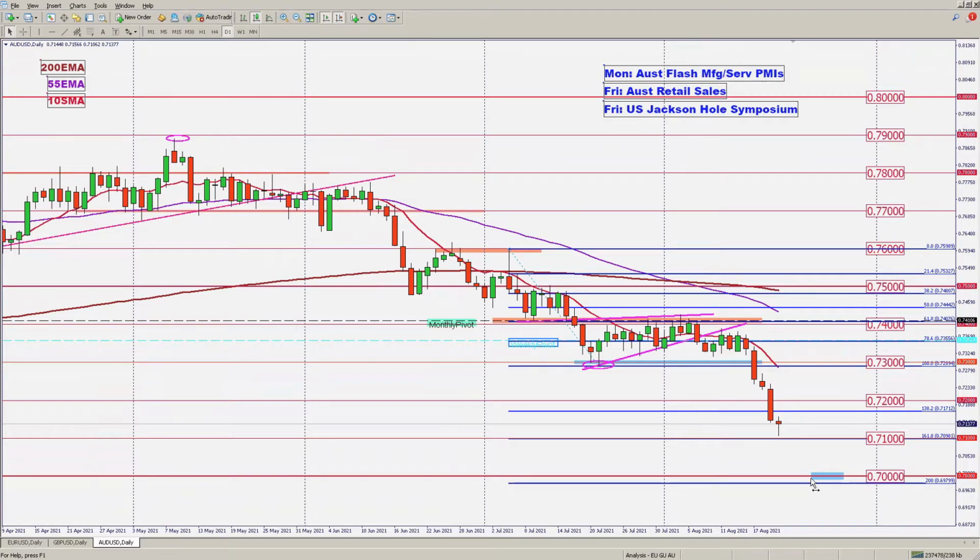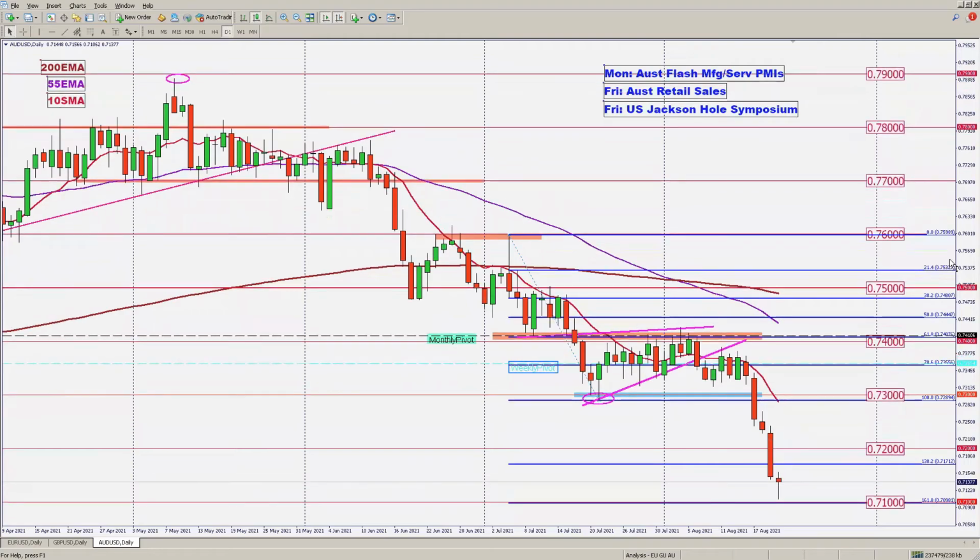So that could be a likely support zone here.